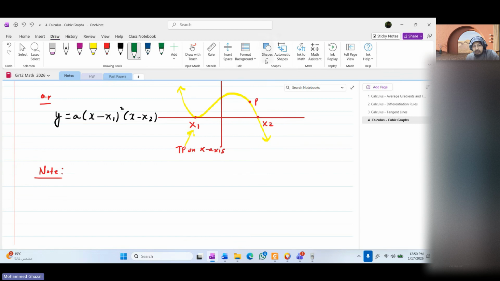Now let's observe a turning point. What if I have a turning point on the x-axis? Sorry, what if I have a general turning point? Let's just say if I have a turning point over here. Let's just say if this point is (4, negative 5).